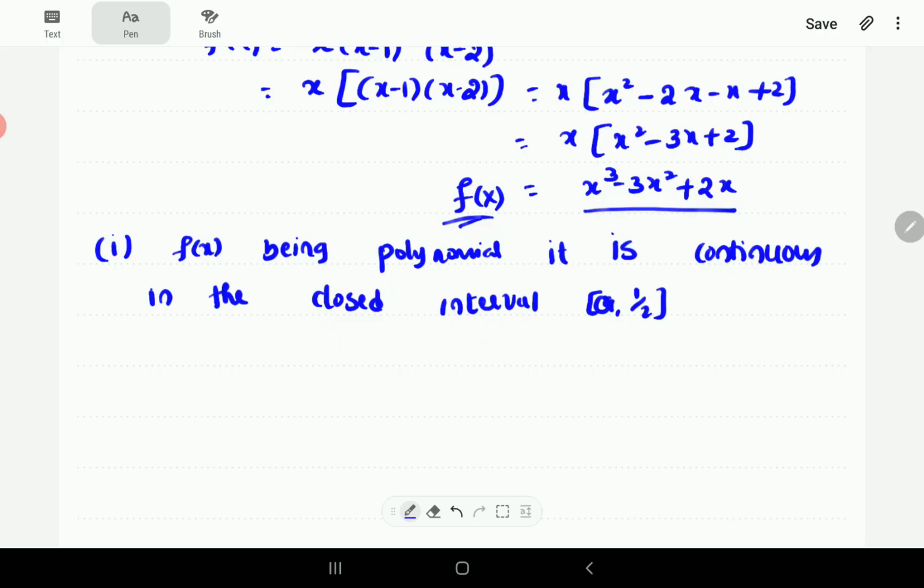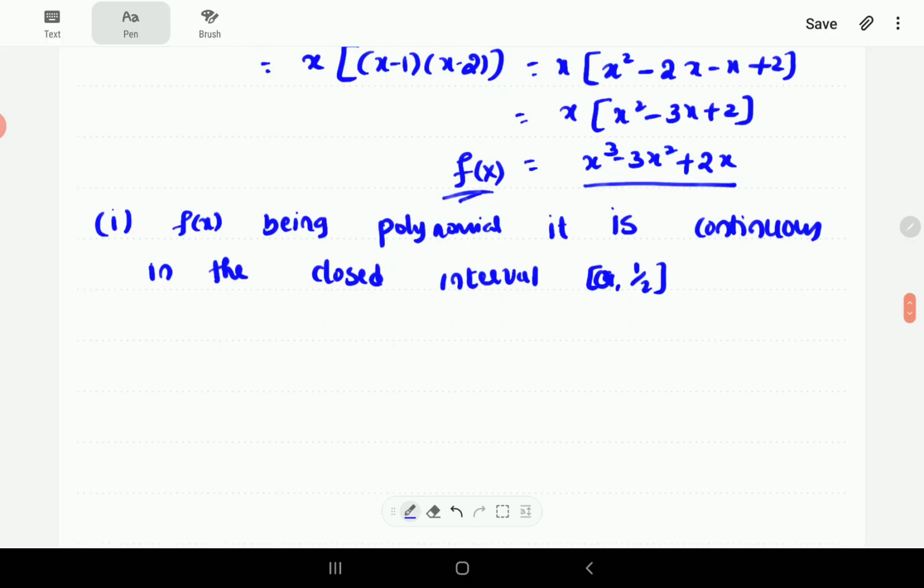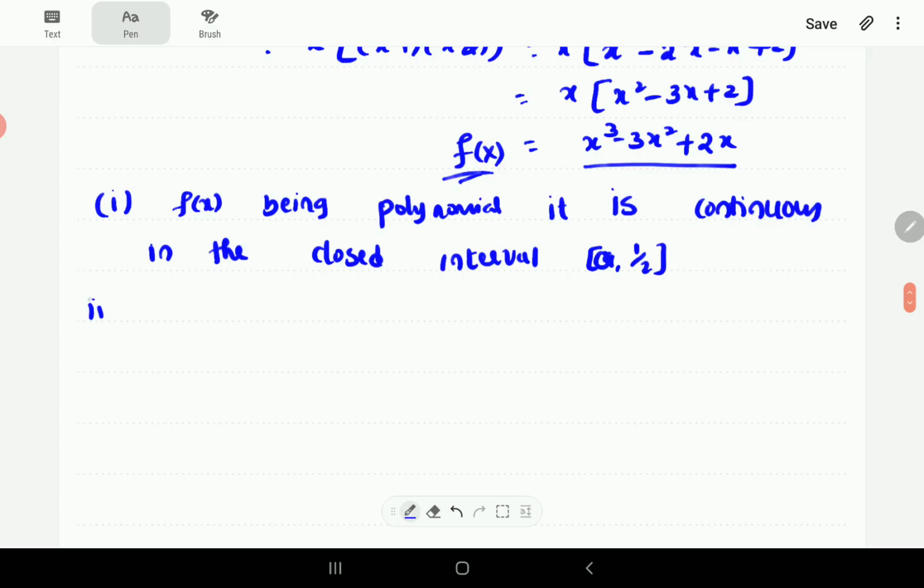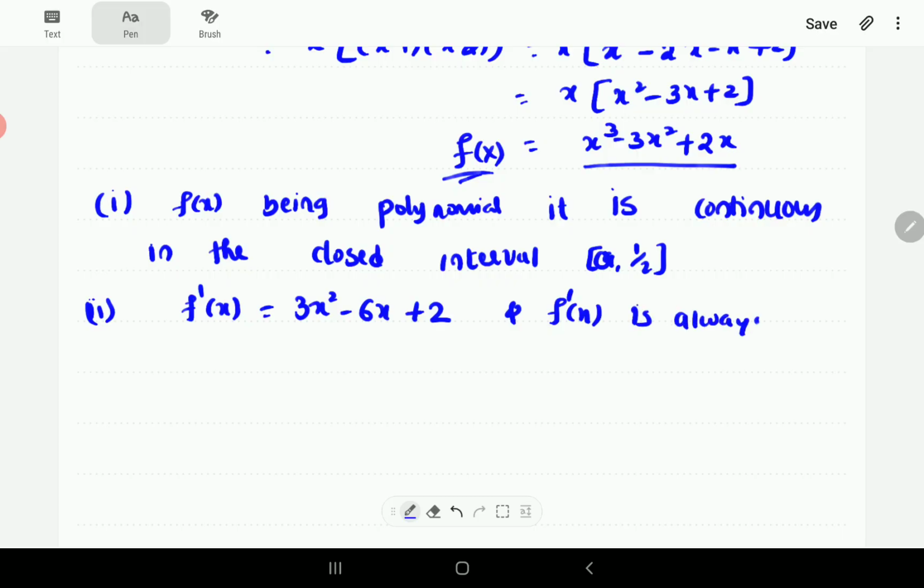Now we have to check the second one, that is differentiability. Your f of x is x cube minus 3x square plus 2x, so f dash of x will be 3x square minus 6x plus 2, and f dash of x is always unique.